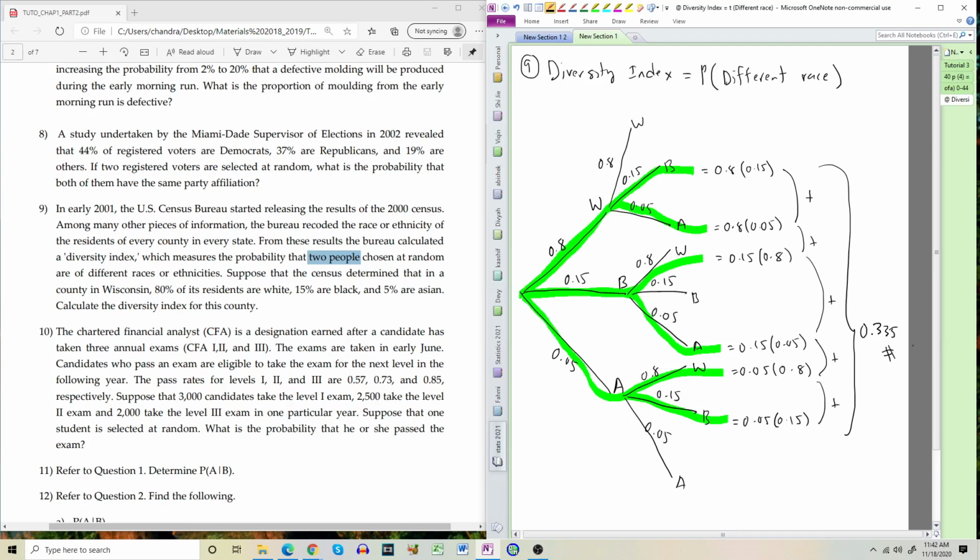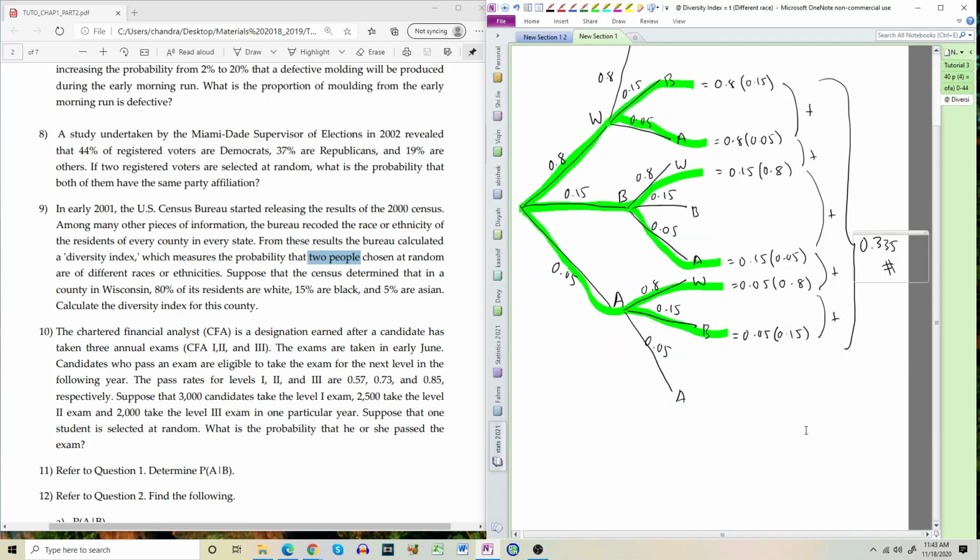I give you some time to have a look at it. Number 10.